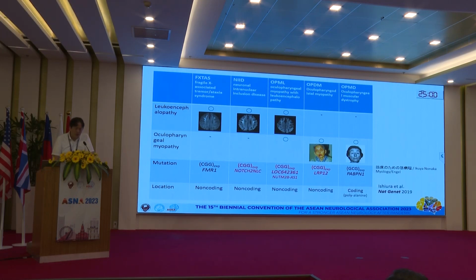The CGG repeat expansion in NOTCH2NLC was found in patients with NIID. CGG or CCG repeat in LOC642361 and NUTM2B-AS1 was found in the family with OPML. CGG repeat expansion in LRP12 was found in OPDM. So we concluded that these diseases are all caused by CGG repeat expansions.